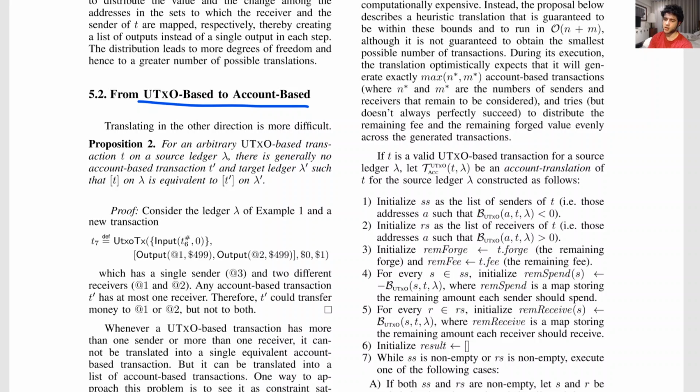So when we want to translate a transaction in the UTXO model, we need multiple transactions in the accounting-based model. So the question is, how do we efficiently create these new transactions in the accounting-based model?